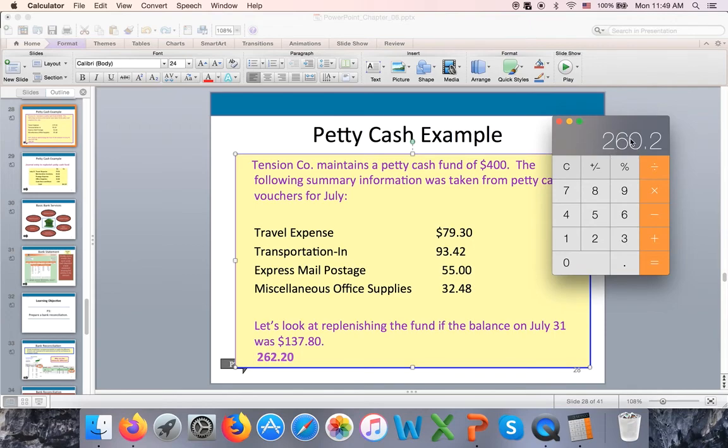So I can account for $260.20. But in reality, I'm missing $262.20. So what does it mean? It means we are $2 short. So this $2 will have to be, in addition to these debits, I will also have to debit cash short or over by $2 because that's how much my shortage is.